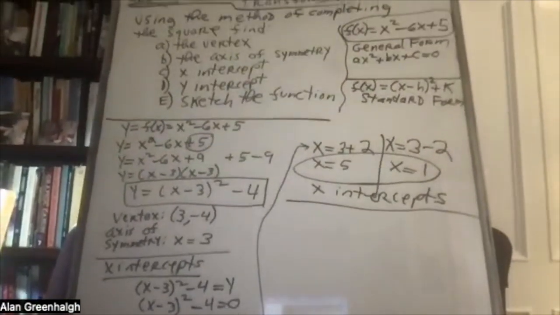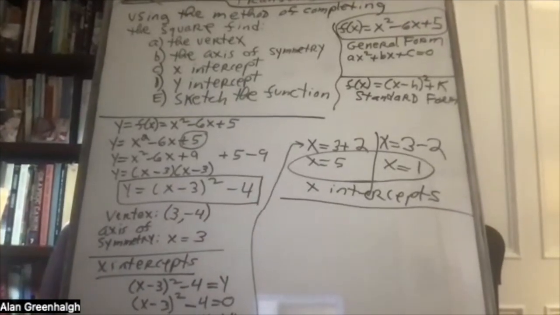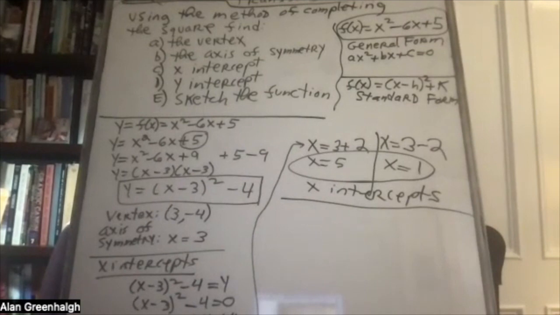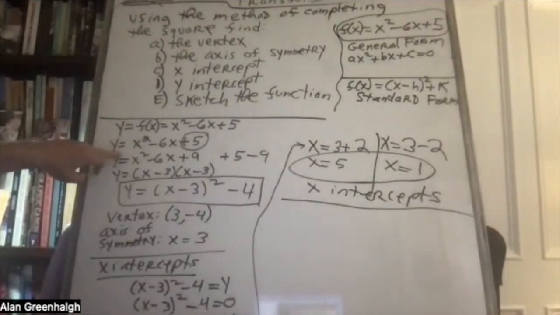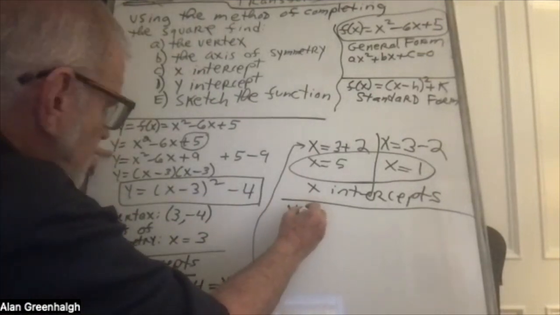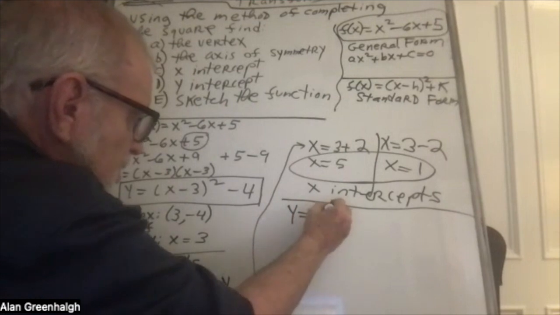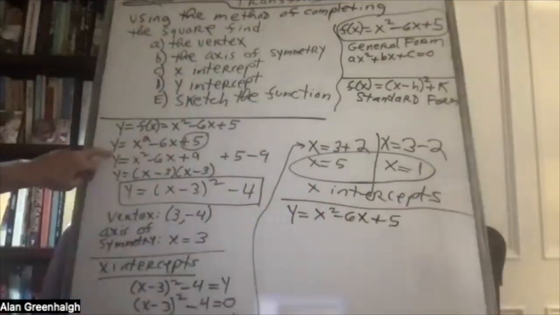And it's better anyway to get back up here because now to find the y-intercept, you remember that I gave you kind of an easy method of doing that. If you go back to the original form of the equation, the general form, y equals x squared minus 6x plus 5, right?